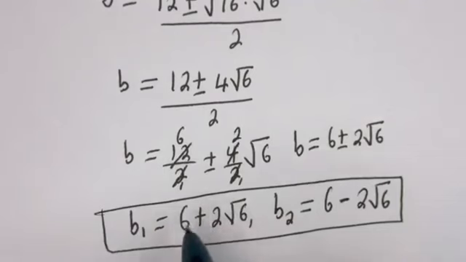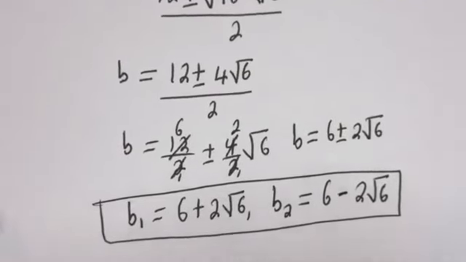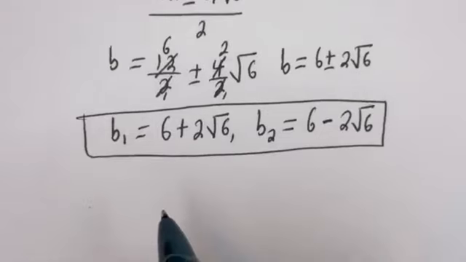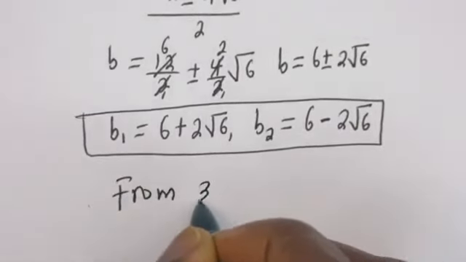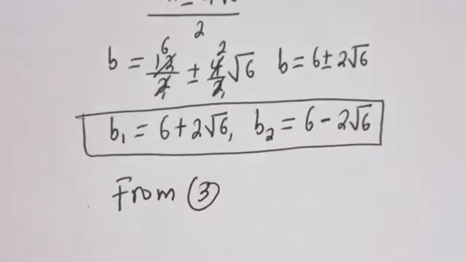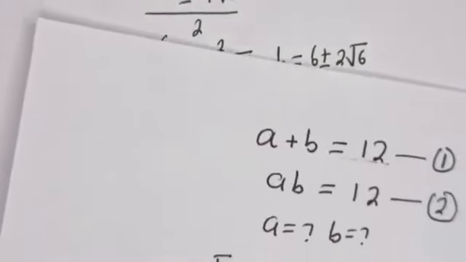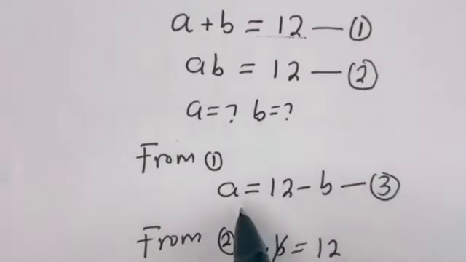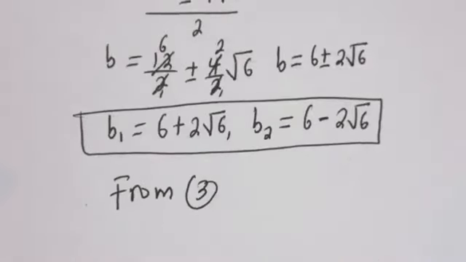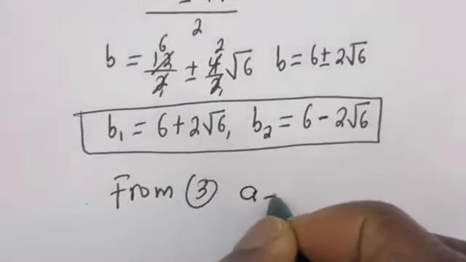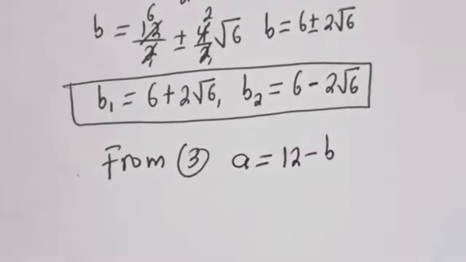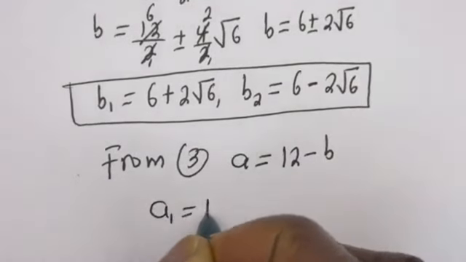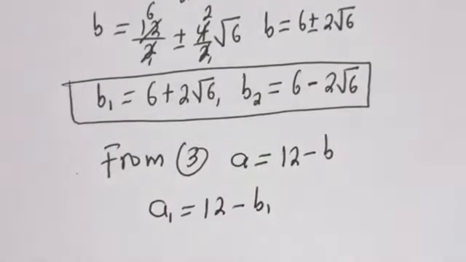We can solve for A since we've gotten the values of B, using equation 3. Look at equation 3 here: A is equal to 12 minus B. Now let's see. A1 is equal to 12 minus B1.